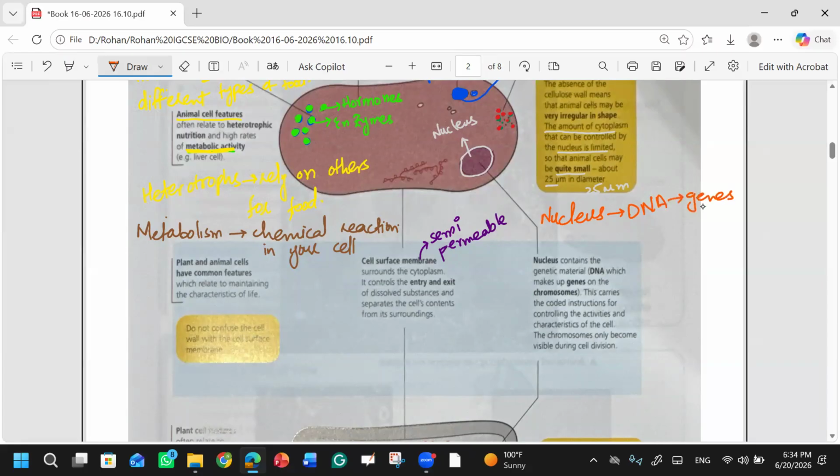What are genes? Genes contain your hereditary information. Hereditary information means the information which will pass from one parent to the offspring.